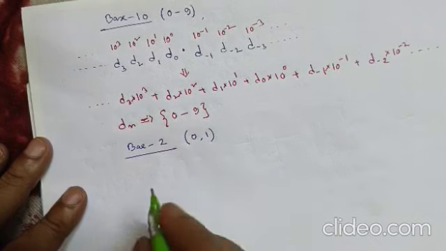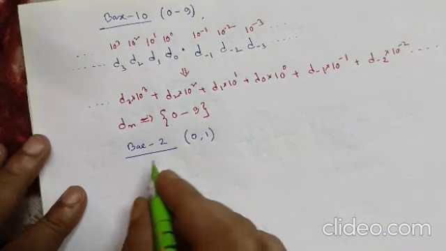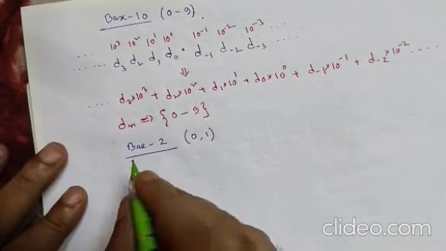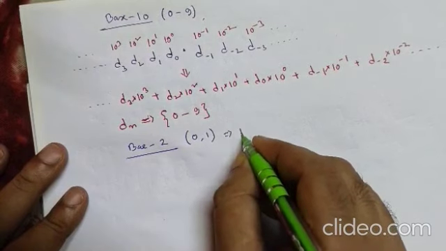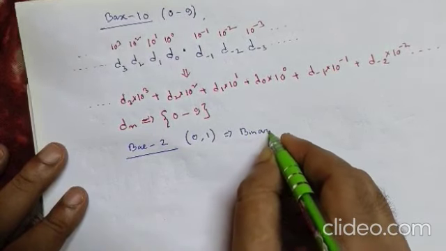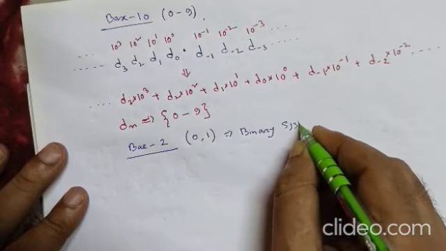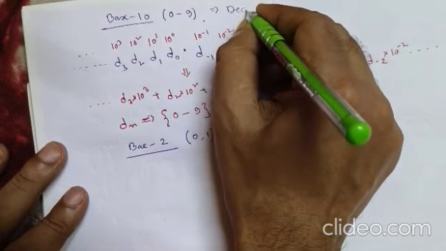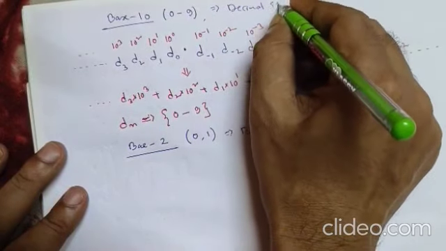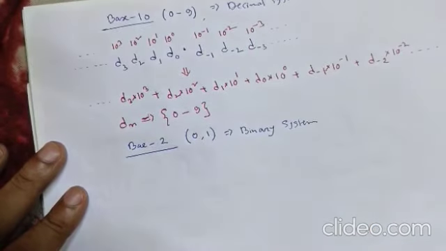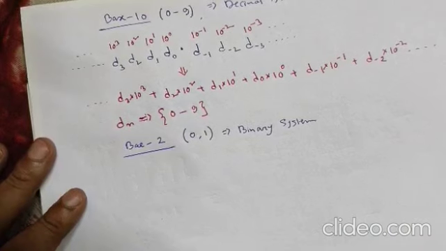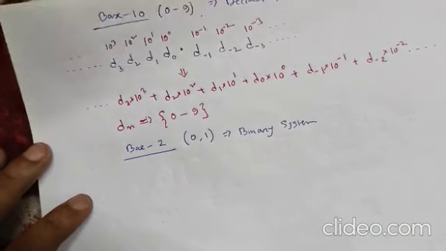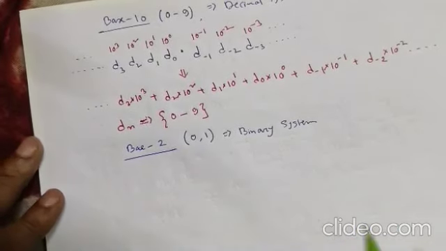So in that case, this is called the binary system, and this is called the decimal system. Unfortunately, the decimal system is not understood by the machine due to these practical constraints.